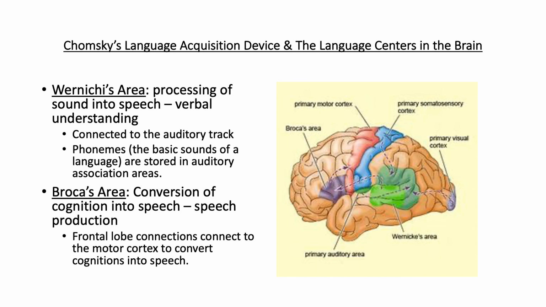The basic sounds of language are stored in these auditory association areas, and they're specific for the language that you speak. So, for example, of the language that you understand. So you expect that words will have certain sounds. Broca's area is an area in the frontal area of the brain, and this is your speech production area.